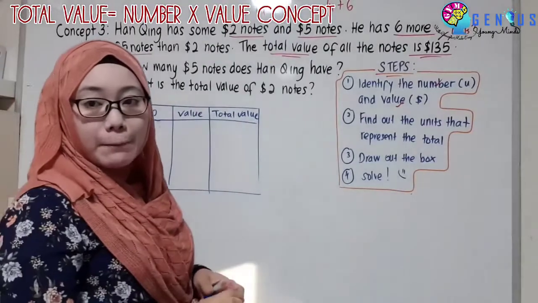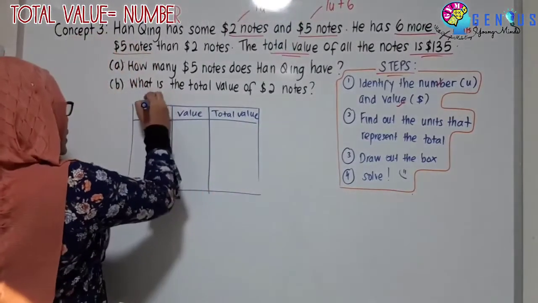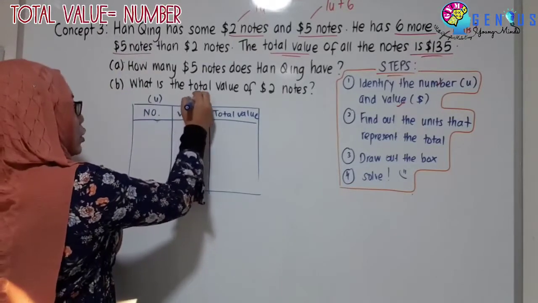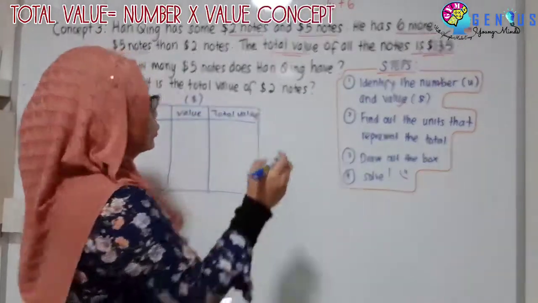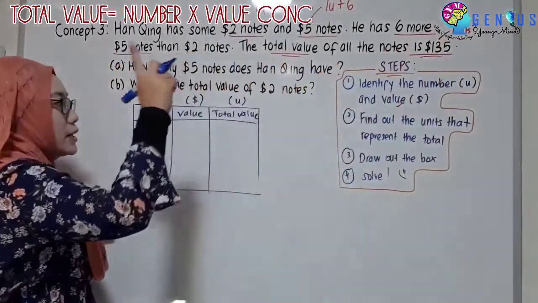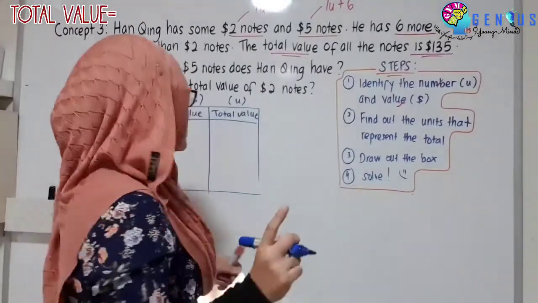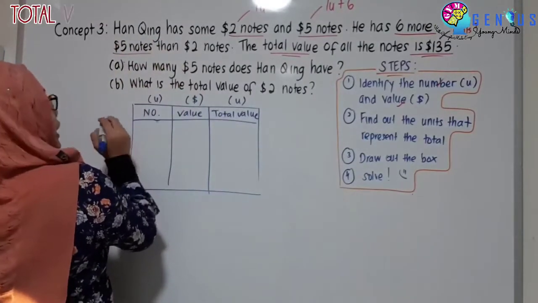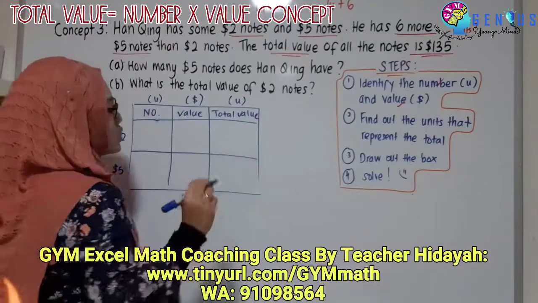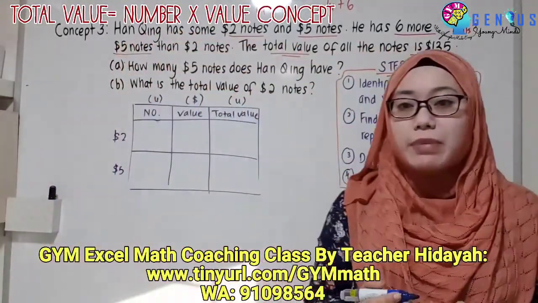The number is represented by units. The value is represented by dollars. The total value will be units, because this is what I want. I want to know the total units representing $135. Here will be my $2, here will be my $5, and I draw it out this way. So this is my base table.